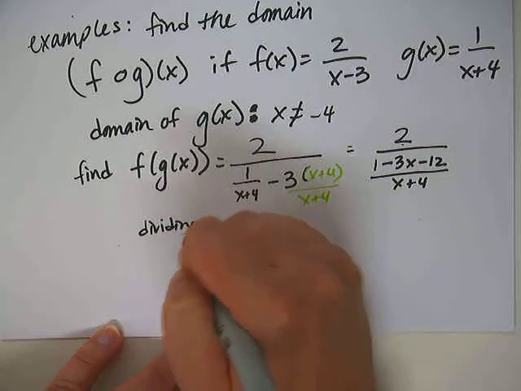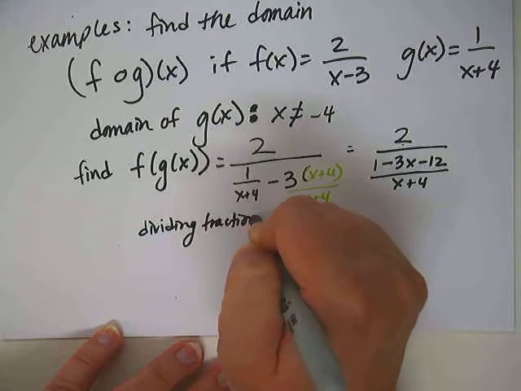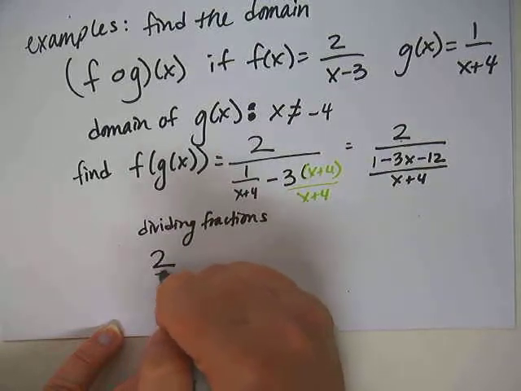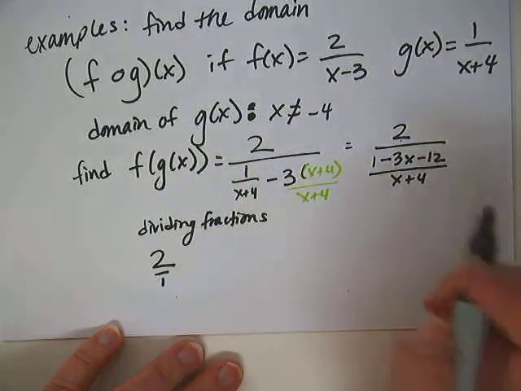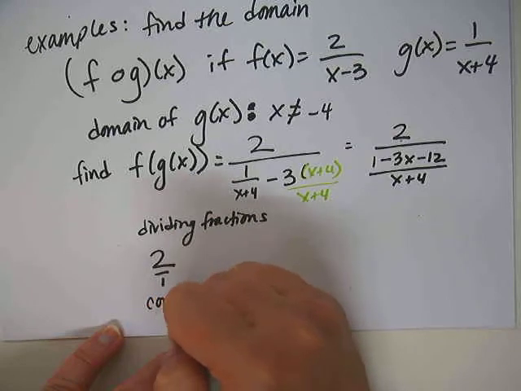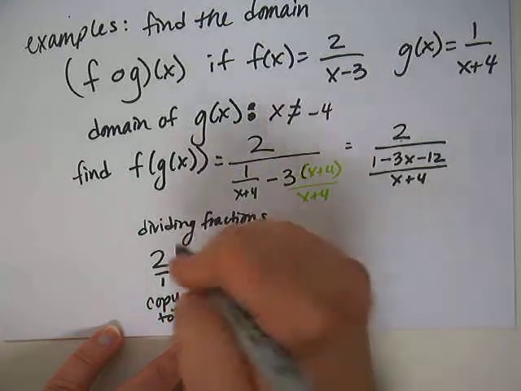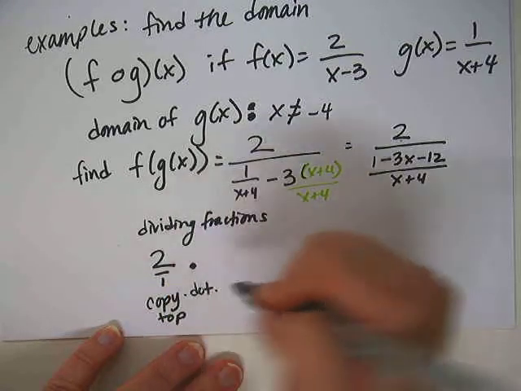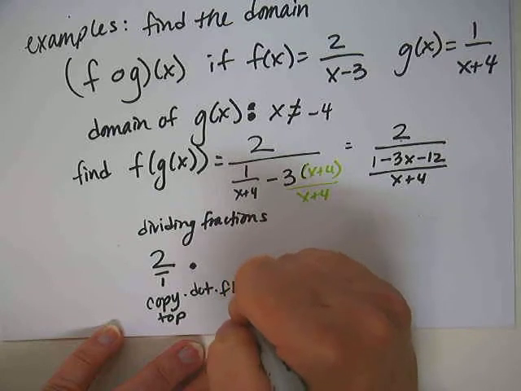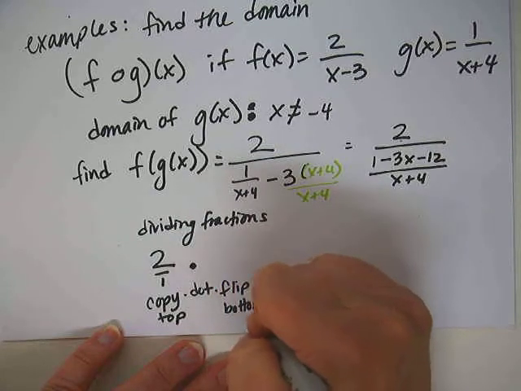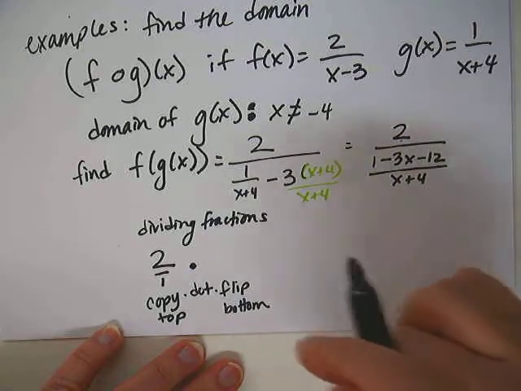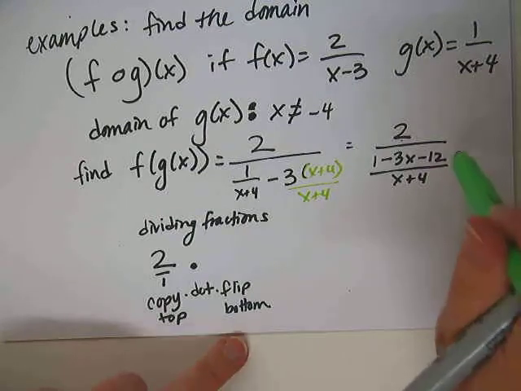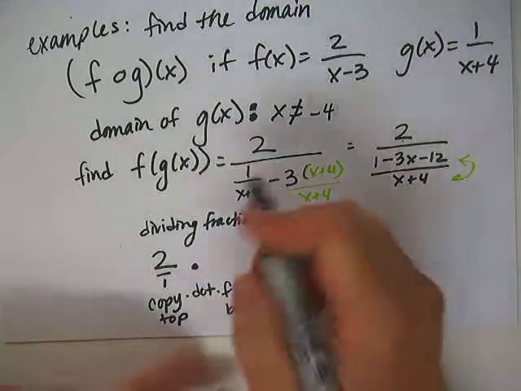Now to get rid of a fraction in a fraction, we usually think of it as dividing fractions. And when you divide fractions, you copy the top fraction, which in this case is just a number. So if we wanted to, we could turn our 2 into a fraction, 2 over 1. So we copy the top fraction. We realize that we're going to multiply, and then we flip the bottom fraction so that we're multiplying by the reciprocal, and that's how we divide fractions, by multiplying reciprocals.